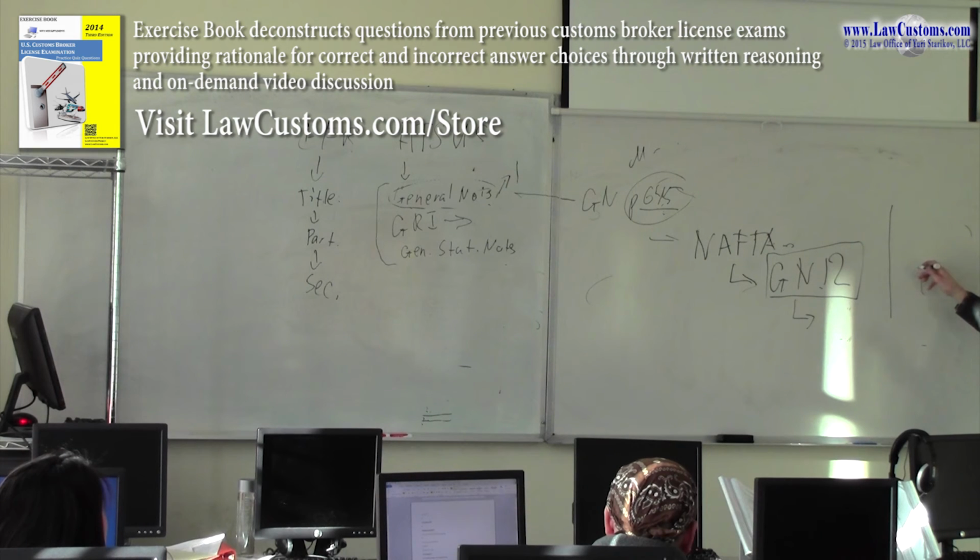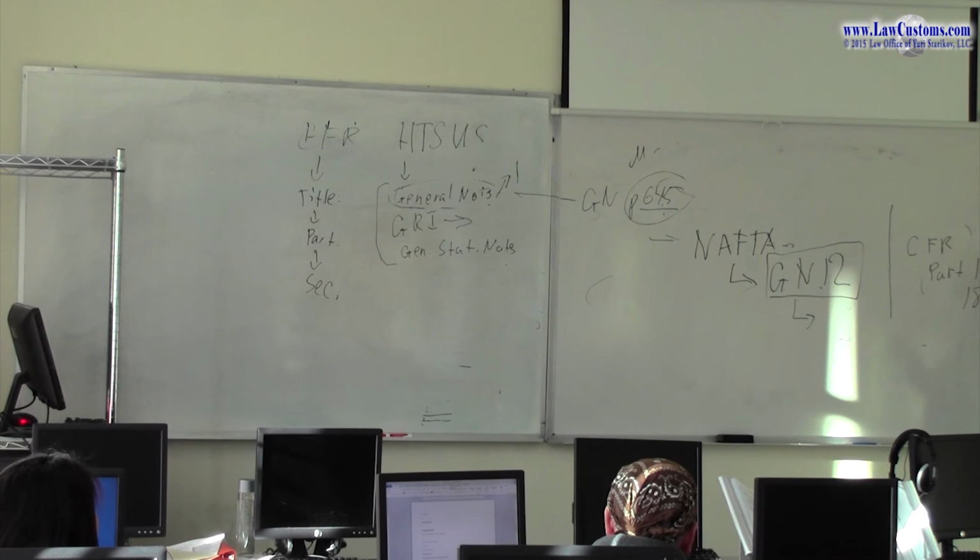And the procedural section for free trade agreements, I believe, is described in CFR part 10. NAFTA is part 181. But Bahrain, again, 10 or 12.